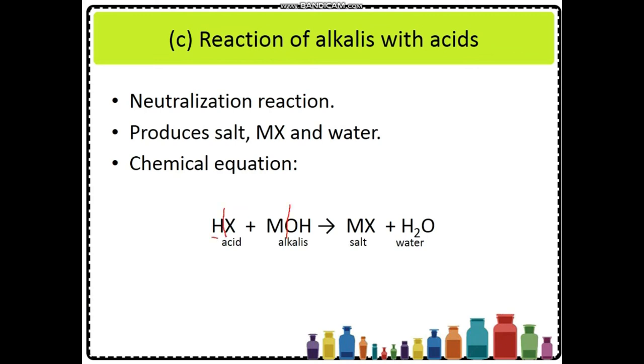Hydrogen H will combine with OH to produce water, while the balance, the metal ion plus the negative ion from the acid, produces salt. So that's all 3 reactions for alkali.